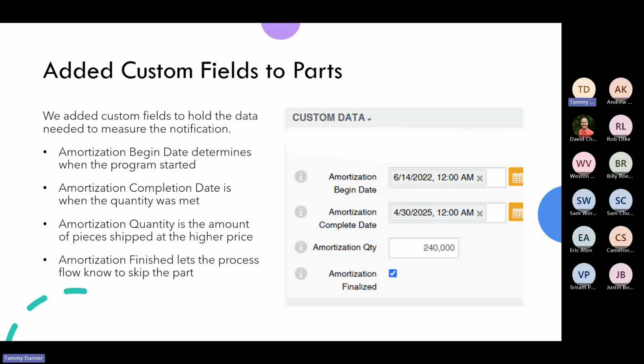Then I also wanted to know when it was completed. When was that quantity actually met? And then, of course, the quantity that was negotiated for that higher price. And then because I just wanted a flag, so I didn't have to compare the dates necessarily, I wanted a flag just to say I'm finished. And that is purely for ease of the process flow.